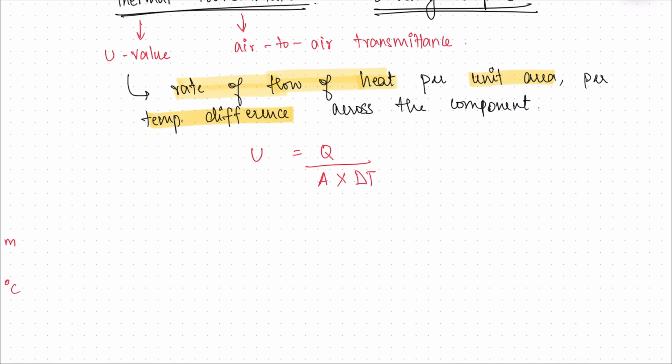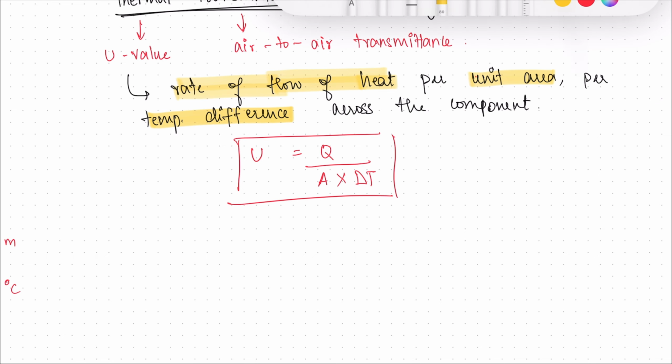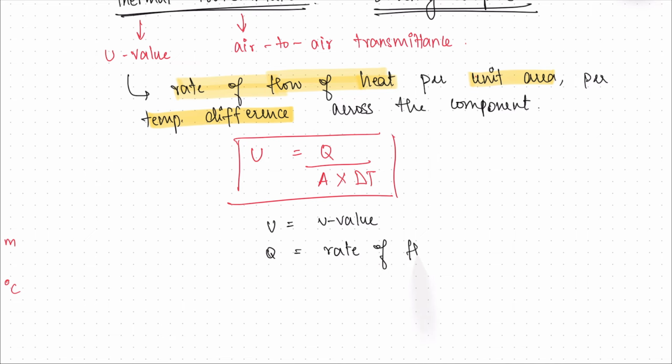This is your U value formula. So U is your thermal transmittance or U value or air to air transmittance. I'm just gonna write it as U value here. Q is your rate of flow of heat or your heat gain. A is your area and delta T is the temperature difference.